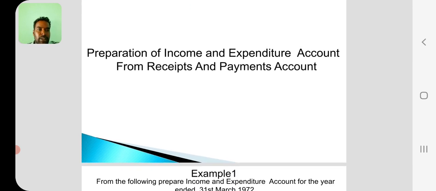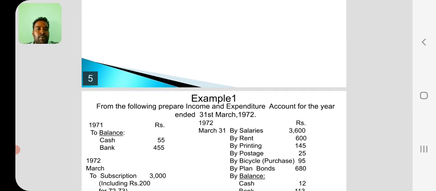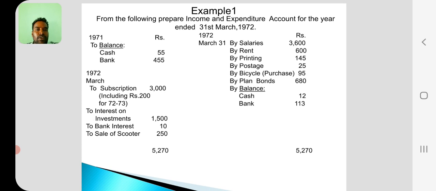Preparation of income and expenditure account from receipts and payments account. From the following, prepare the income and expenditure account for the year ended 31st March 1972.